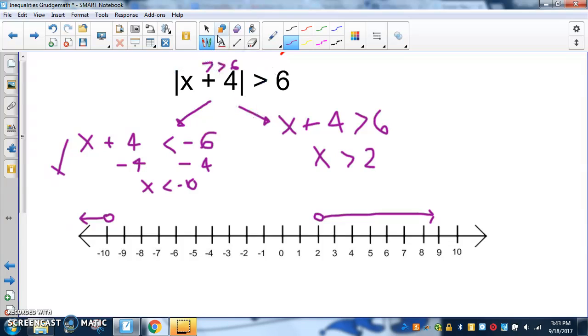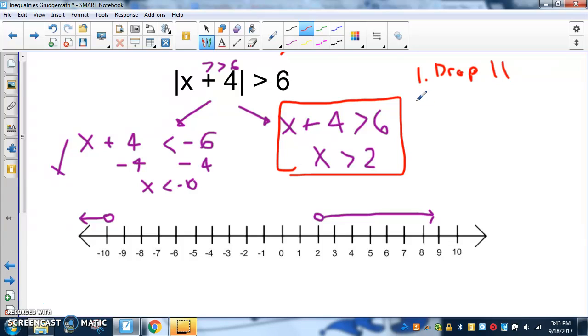If that's still confusing you, I would love to help you in class tomorrow and explain it a little more, perhaps clearly, so that you can understand. But again, if you want it as a 1, 2, 3, step 1 would be to just drop the absolute value sign and solve it as is, and that's the work I did over here. Step 2 is kind of a two-parter, so I'll list it as 2 steps.